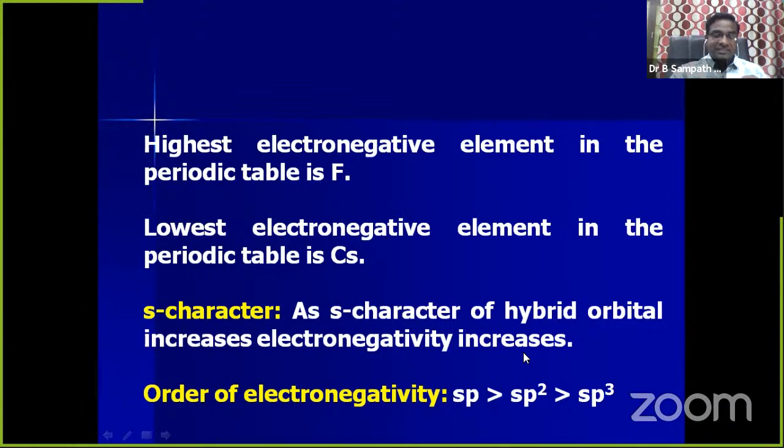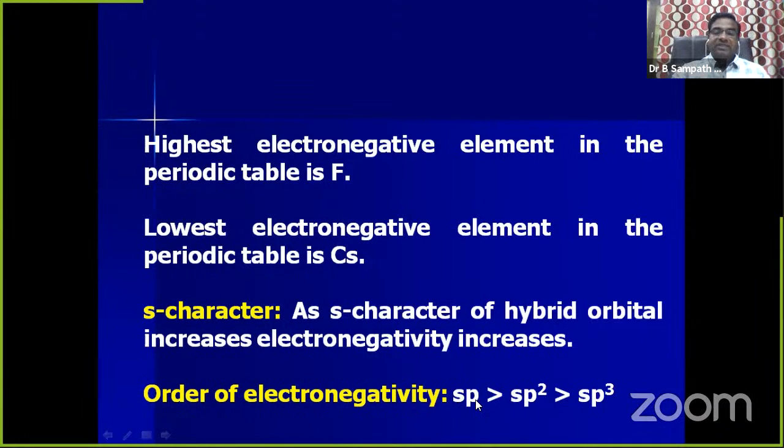Actually, hybridization with the orbitals s and p gives sp hybridization, sp2 hybridization, and sp3 hybridization. Here sp hybridization means 50% s and 50% p.